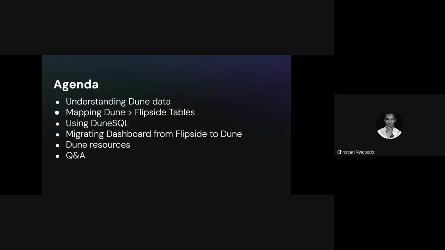The next thing will be mapping some data, like the most common data points we have on Flipside and on Dune. There are just a few of them that we could check through. Let's say you're looking for the DEX swaps table on Flipside. Where can you find it on Dune?